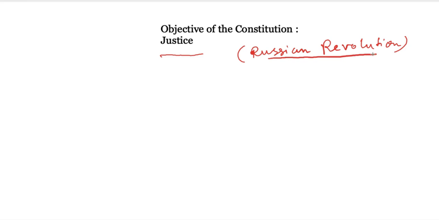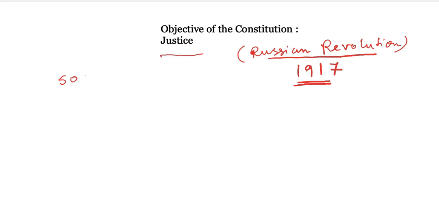Now we see what are the objectives of the constitution. First is justice. The inspiration of this justice is obtained from the Russian Revolution. It happened just after the First World War and was a great inspiration for our freedom fighters. 1917. Justice is of three types.